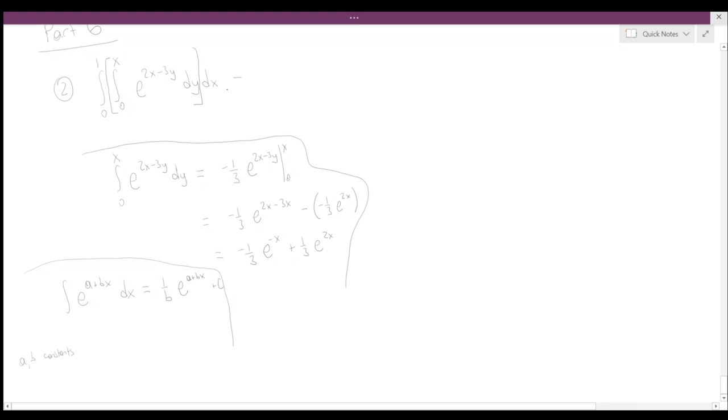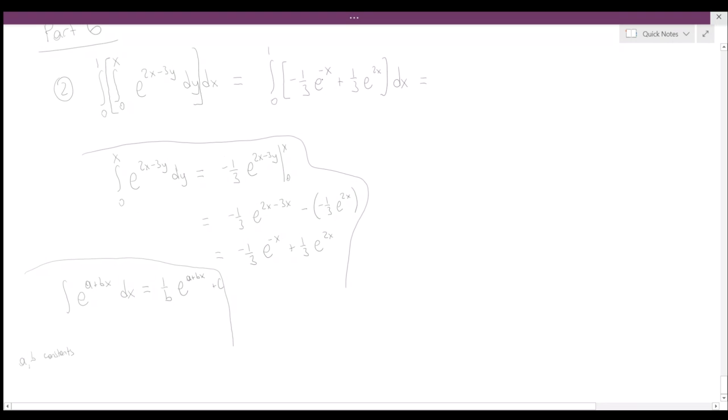All right, so then that was just the inside though, so we still have the integral on the outside. So in the inside we got -1/3 e to the -x plus 1/3 e to the 2x. And so finally just integrating this.